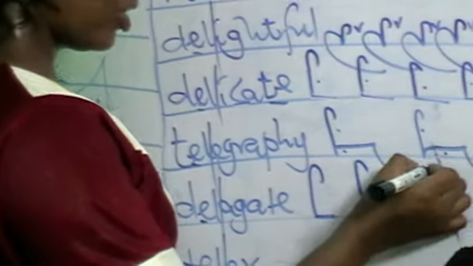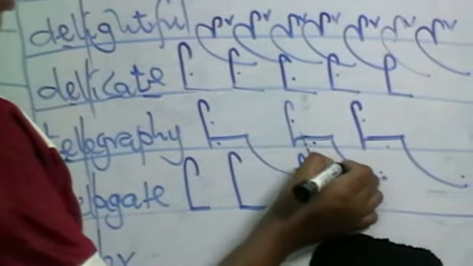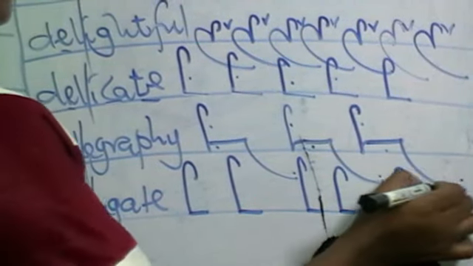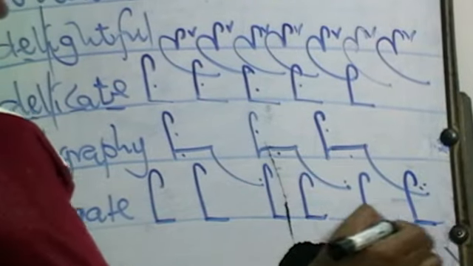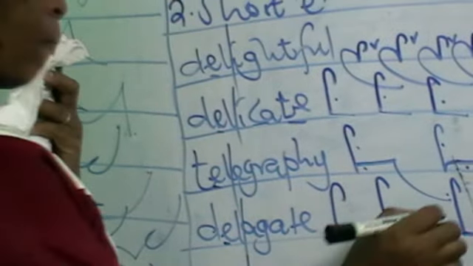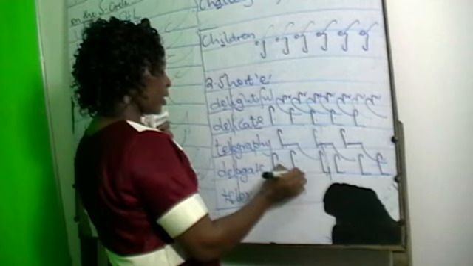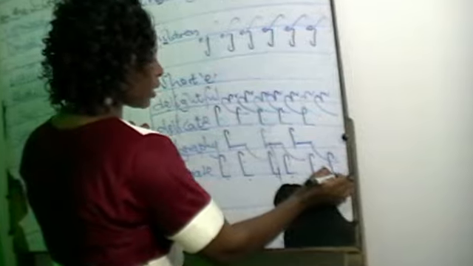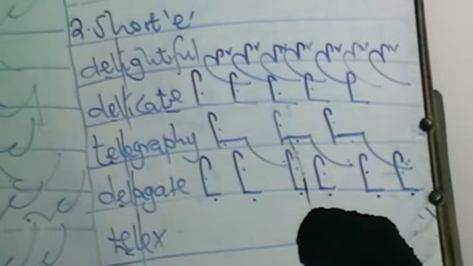A stroke of D hooked for L, and I have the G for the following T. That is how we drill that. Delegate. I have the G for the following T.